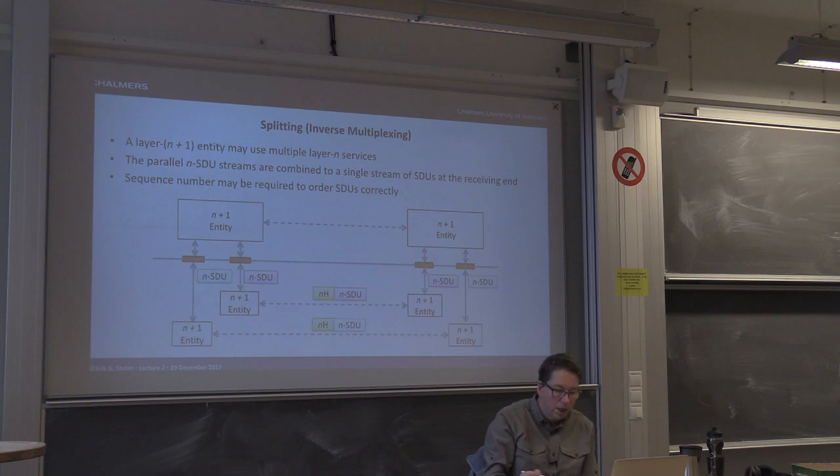And by doing this, we can increase data rate, because data rate might be limited in these protocols. So maybe this is 1 megabit per second, this is 1 megabit per second, then I can provide 2 megabits per second to the service above. Or it could be like this: I want to be really safe, so I send the same data unit here and here, just to get some redundancy in my transmission.